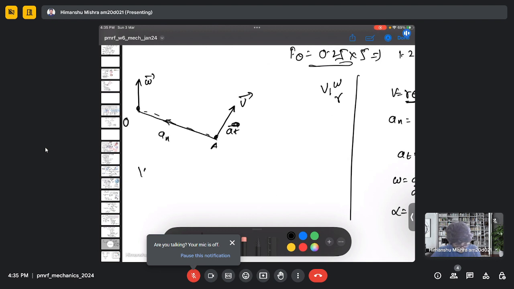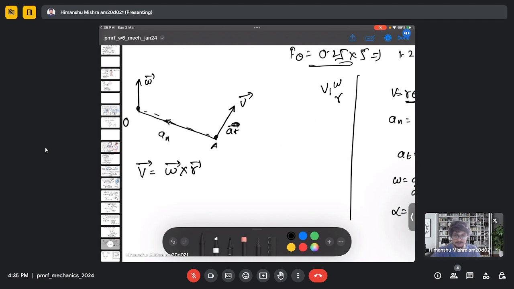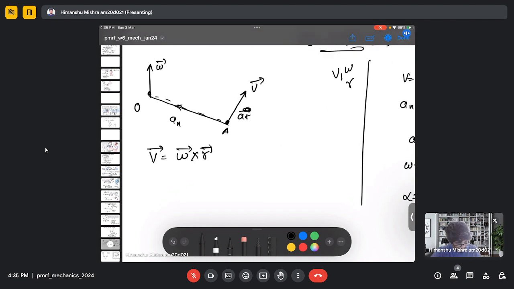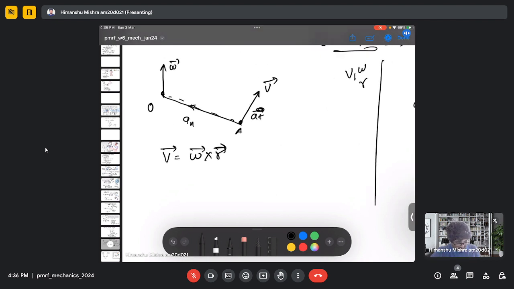So your velocity can be given as omega cross r, and your acceleration is the rate of change of velocity, which is the derivative of omega cross r.